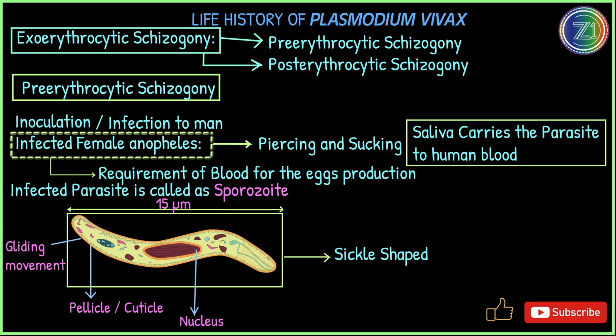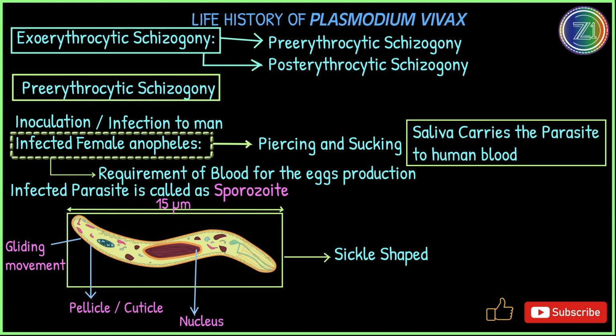Because of this nature it can glide in the blood, and after half an hour it can penetrate into the liver cell. Had it not had this gliding movement, it would have stayed at one particular position only.